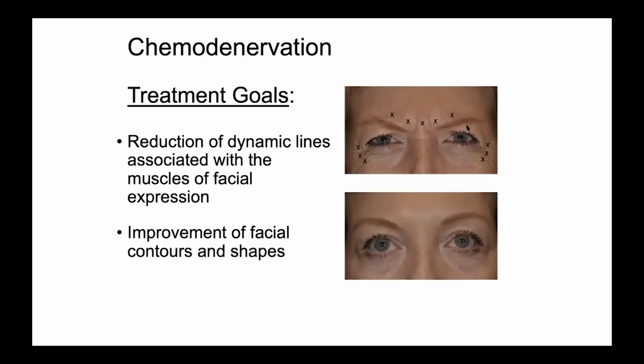So the first areas that were approved by the FDA to treat cosmesis were the glabella areas. This is the area between the eyebrows, and that's to treat the muscles, the procerus, which is the muscle that brings the eyebrow down, and the corrugators, which bring the eyebrows down and in.